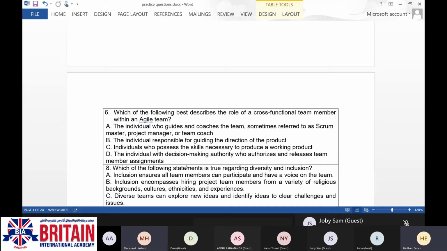You got the point or no? Again please. When it comes to the cross-functional, he has deep experience in a certain domain, but at the same time he is familiar with the other domains, so he's going to work with his skills with the other team members to finish the required work.